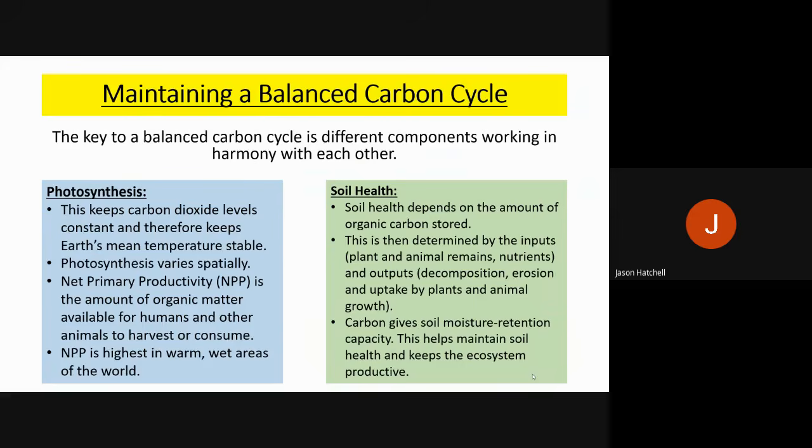And carbon gives moisture retention capacity to soil, and this means that the soil is able to keep its health and keep the ecosystem productive.